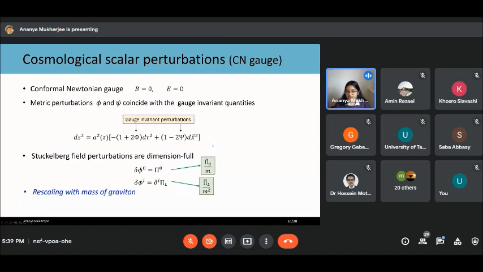This is the metric in conformal Newtonian gauge. However, the Stuckelberg fields are not dimensionless; they have finite dimensions, whereas phi and psi are dimensionless. So we have rescaled the Stuckelberg fields with the mass of the graviton. So this is how we have rescaled the Stuckelberg field.